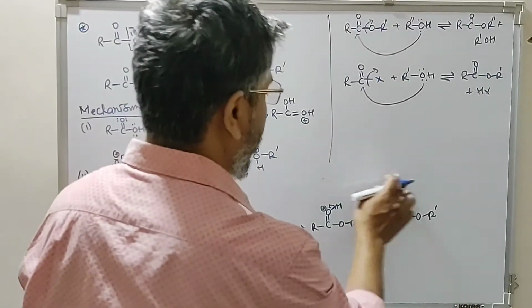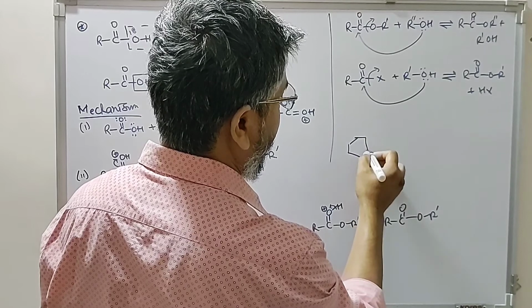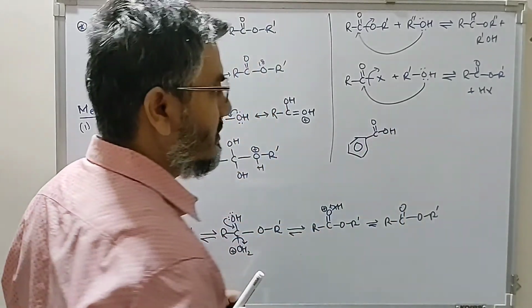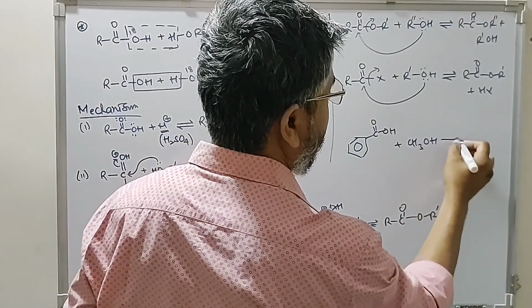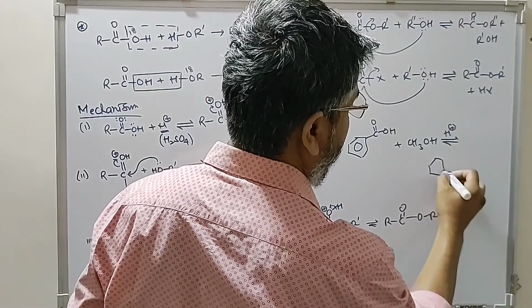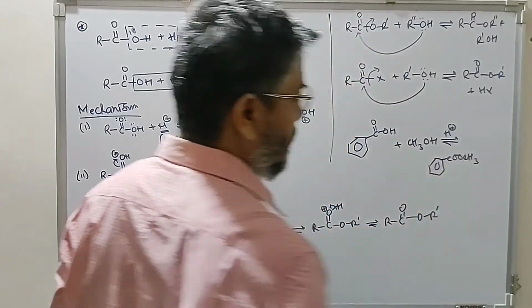So look at this, we have this acid. This reacts with CH3OH in presence of catalyst. So the product will be COOCH3.